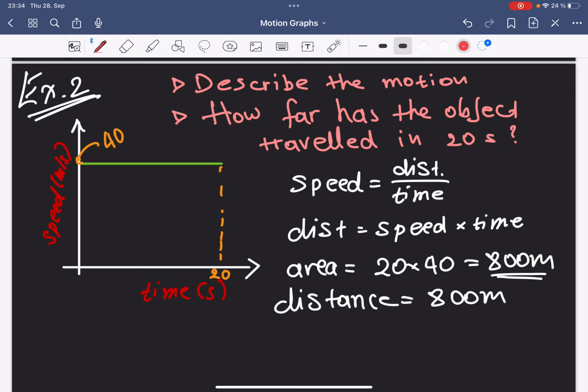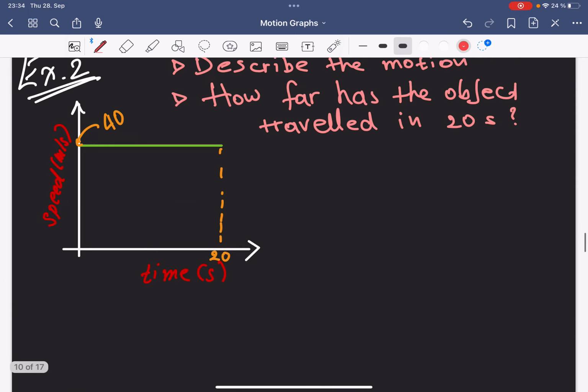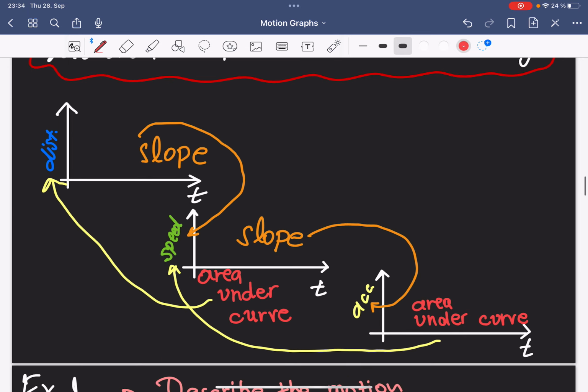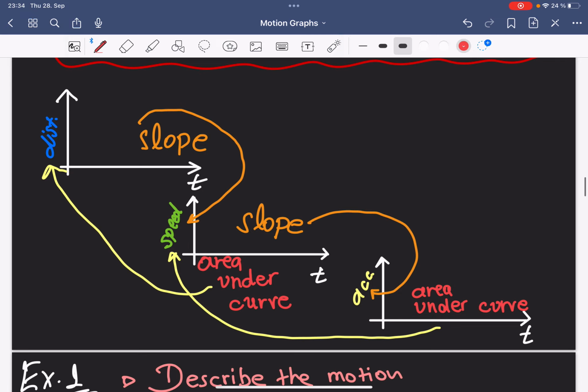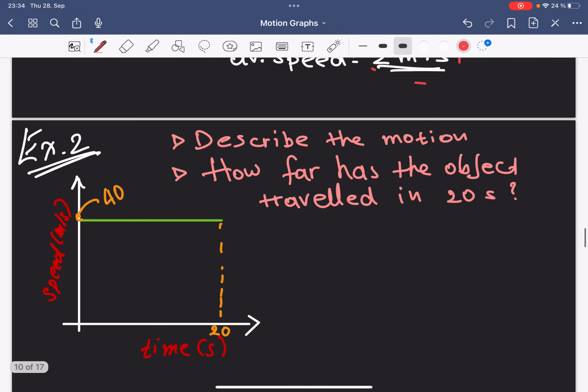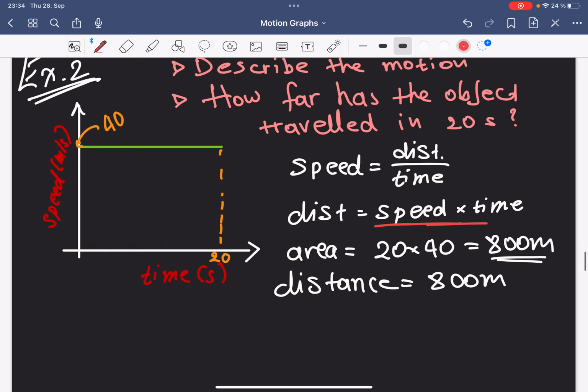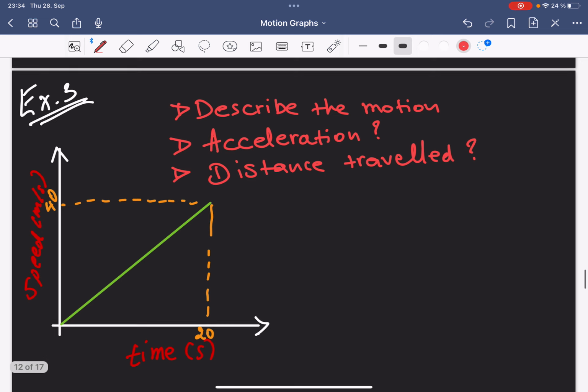So, as we identified on the first slide, on a speed time graph, the area under the curve is going to give you the distance. So if we proceed and we do the calculation, the distance is going to be 20 times 40, and that's going to be 800 meters.